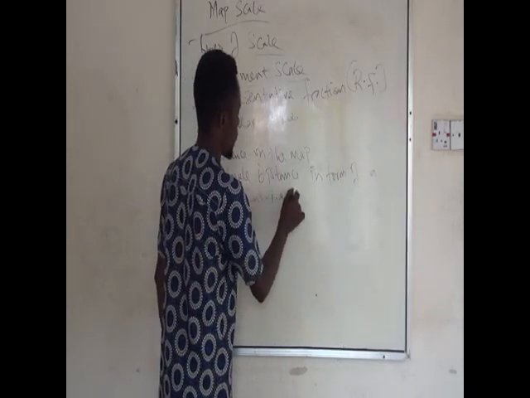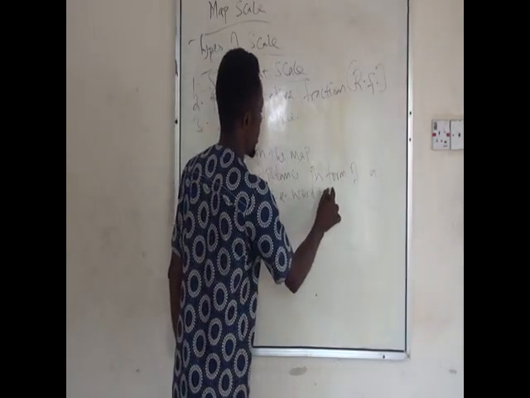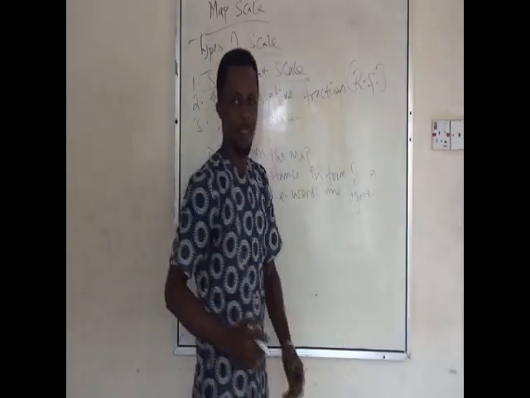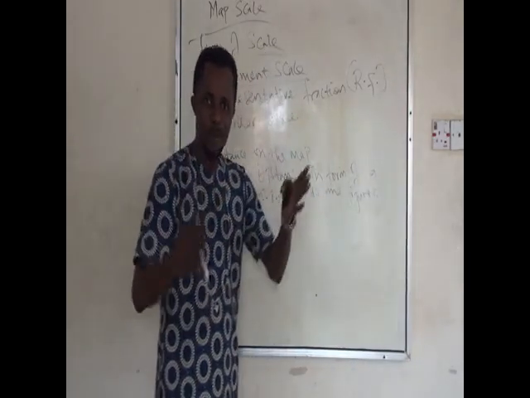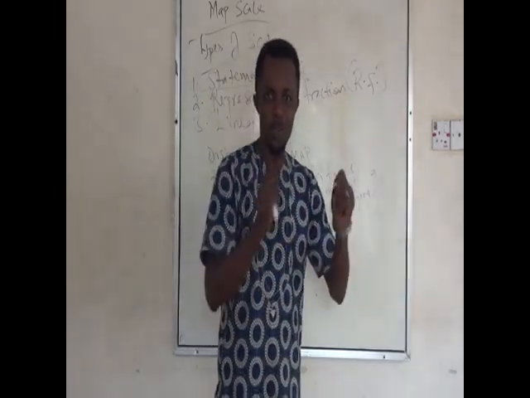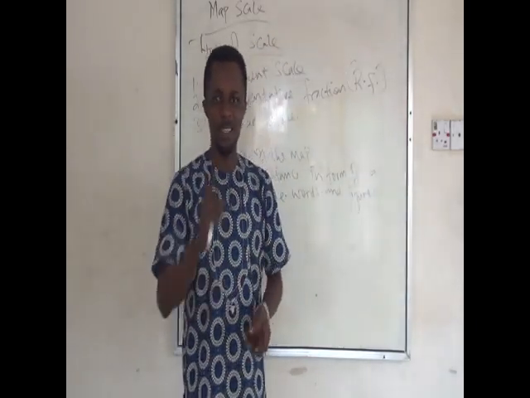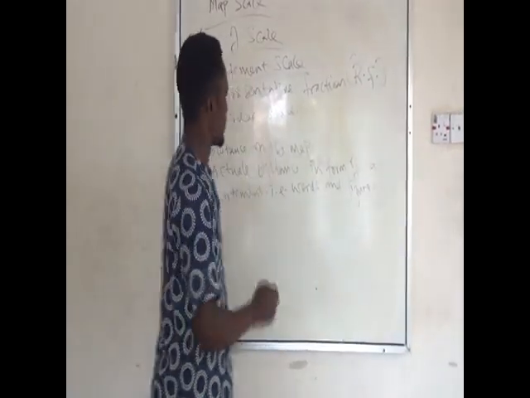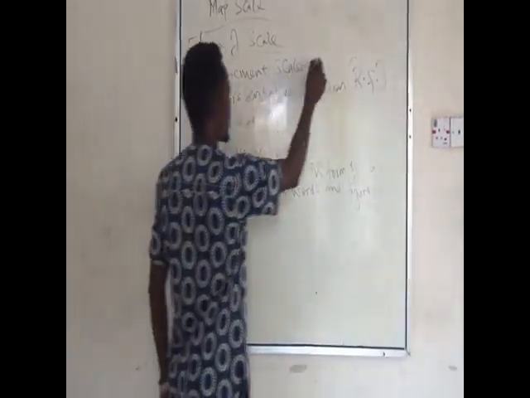That is, words and figures. It expresses that relationship between a distance on the map and the actual distance in form of a statement, words and figures.